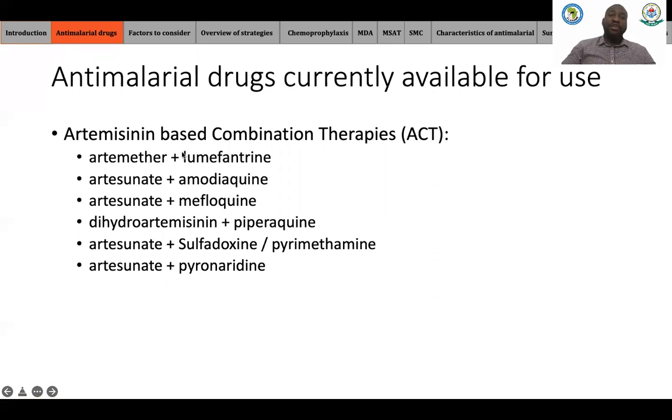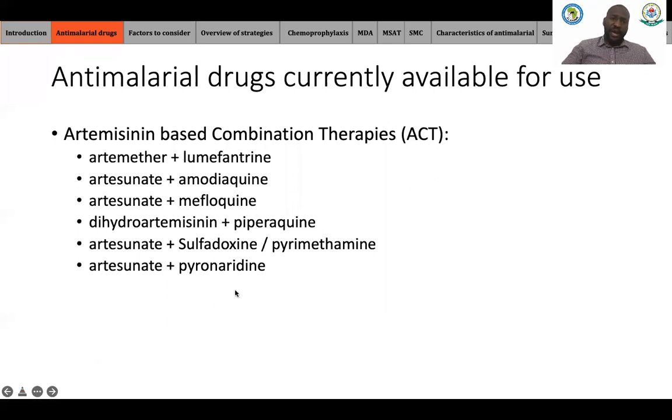And there's a lumefantrine component, or rather amodiaquine or mefloquine or piperaquine or SP or pyronaridine. These are the much longer-acting components to deal with the remaining part of the cycle when the parasite biomass is not completely cleared. And these are usually targeting clinical malaria treatment. And these are the WHO-approved drugs.